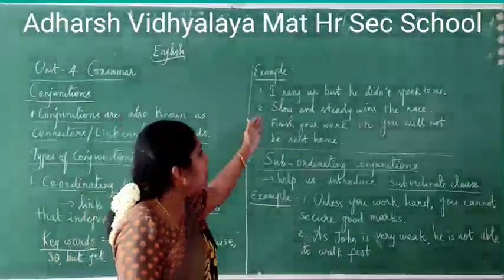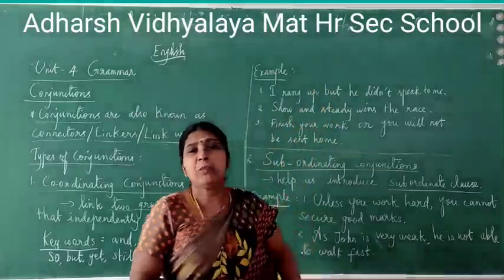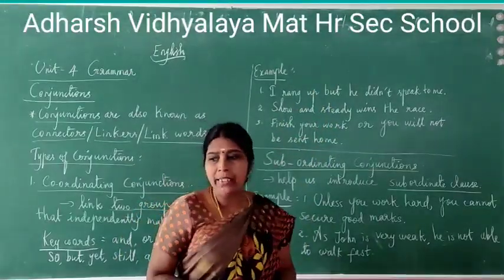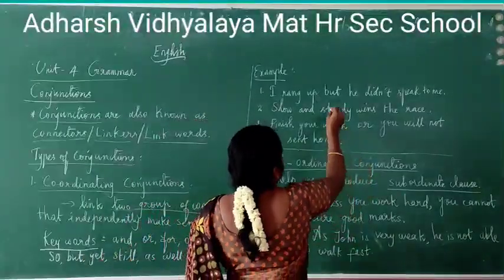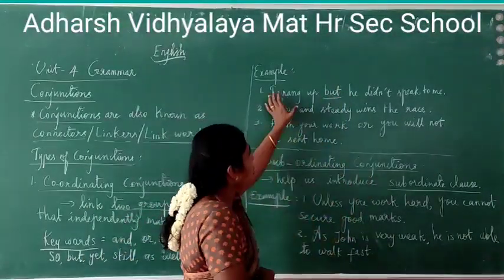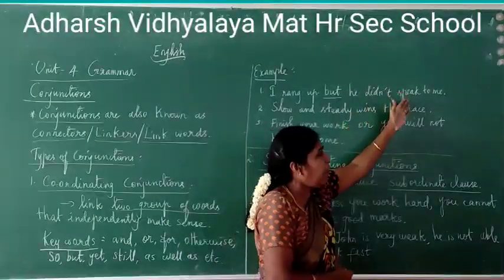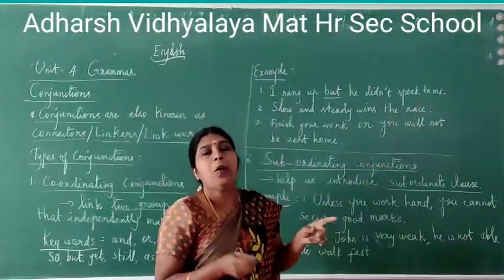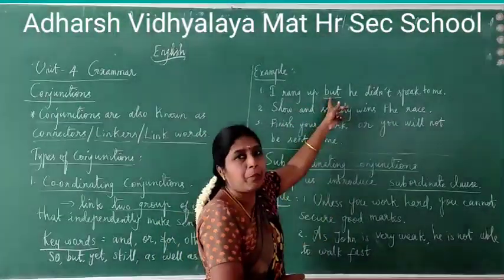See this example. First one, I rang up, but he didn't speak to me. What is the linking word here? Connective word here, but. Very good. Here there are two sentences. I rang up, one sentence. He didn't speak to me, another sentence. Both sentences are joined by the connective word but.